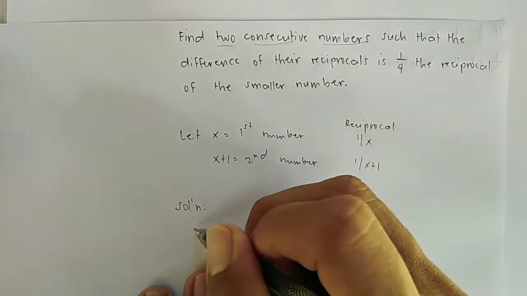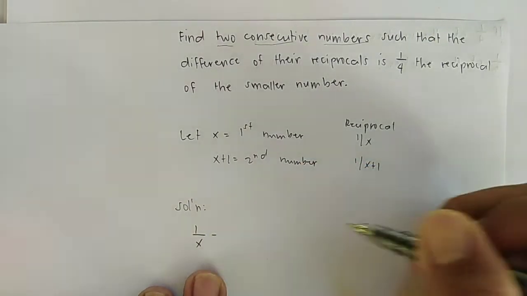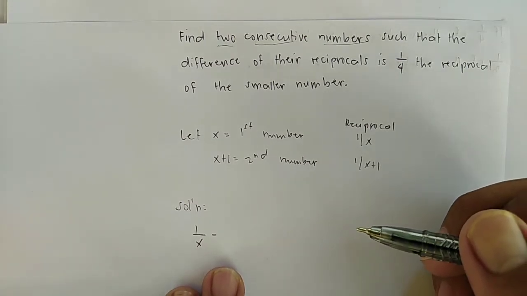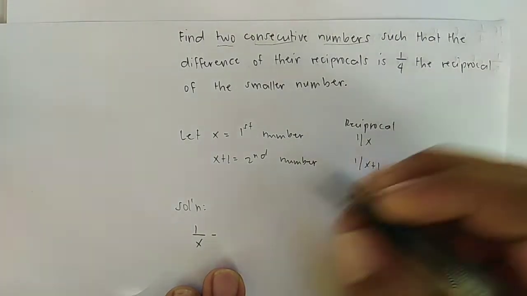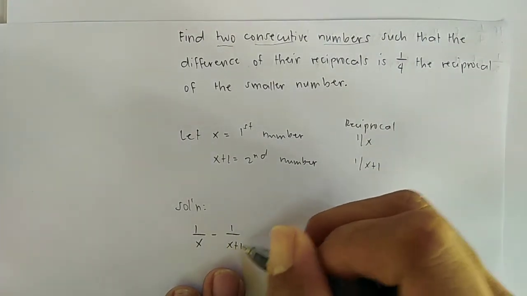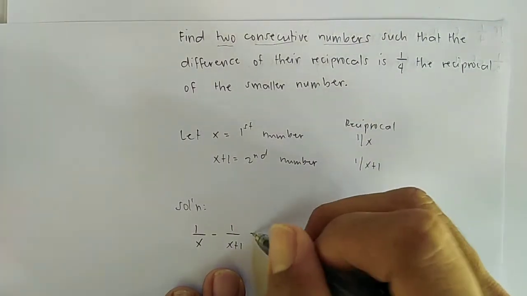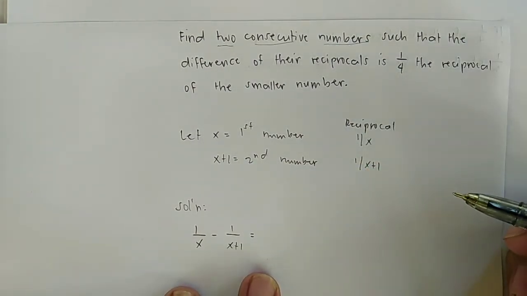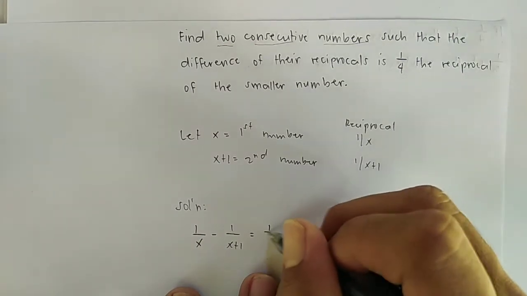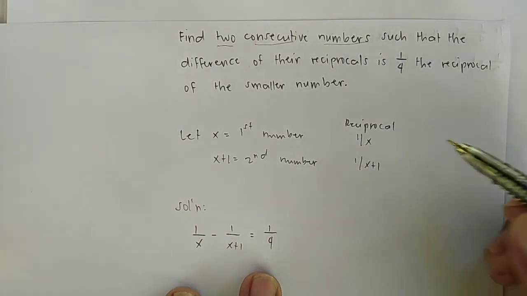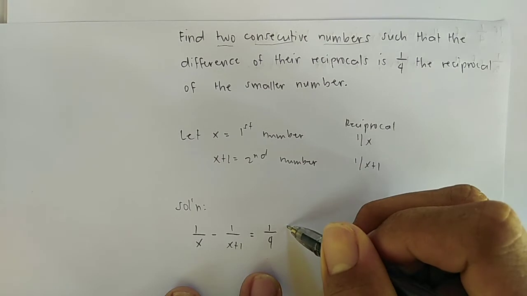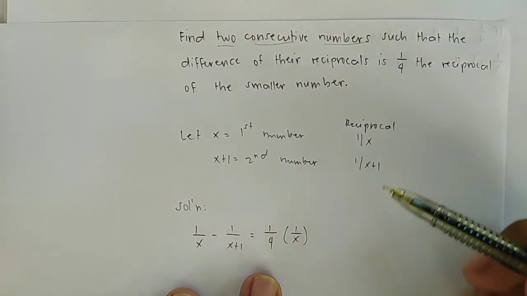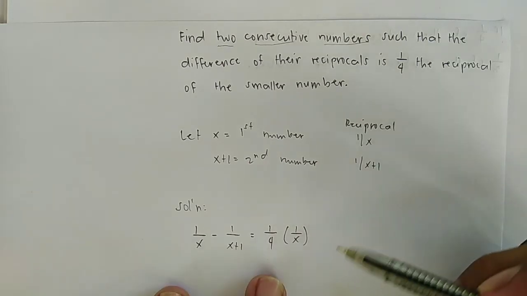So we have 1 over x, so the difference of the reciprocals is 1/4 the reciprocal of the smaller number. So how did we know that the smaller number will be 1 over x? How did we know that x is the smaller number?